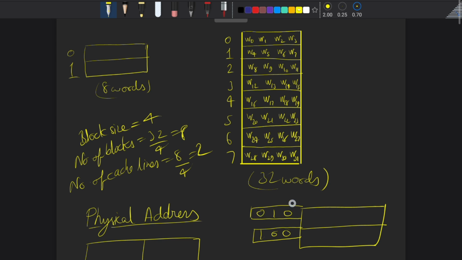Here the tag bit is 010, which means it is representing the second block, and in the second block we have word 8, word 9, word 10 and word 11. And the tag bit 100 represents the fourth block, and in this fourth block we have word 16, word 17, word 18 and word 19.